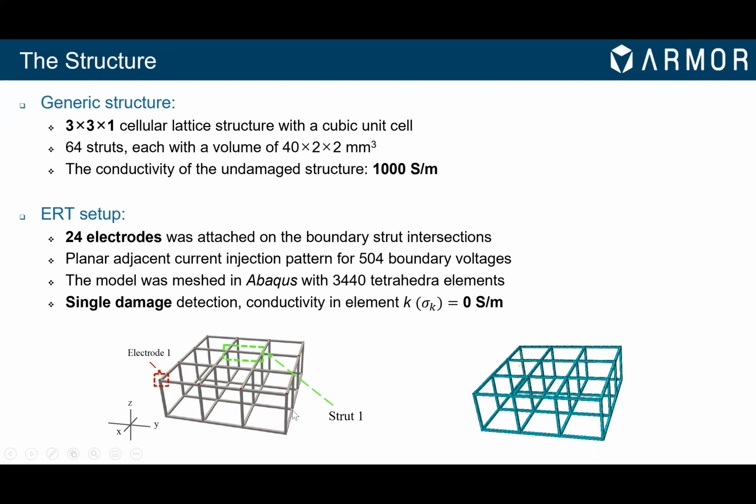And we applied a planar adjacent current injection pattern in order to produce a total of 504 boundary voltages acquired. The entire model was meshed in Abaqus with tetrahedral elements. And to simulate damage within this cubic unit cell, we can assign particular elements to have a conductivity of 0, which indicates a full breakage at that particular location. And we can do this to individual finite elements.